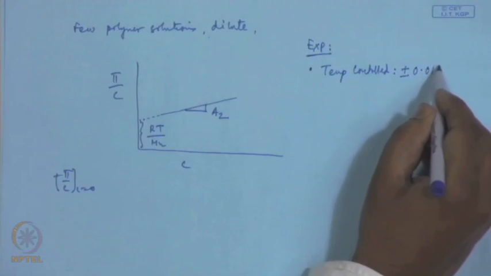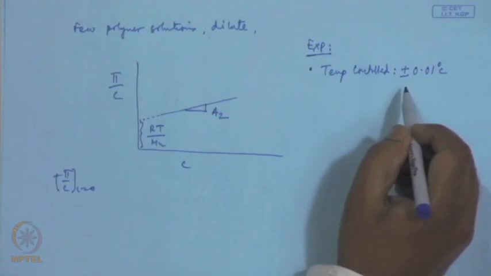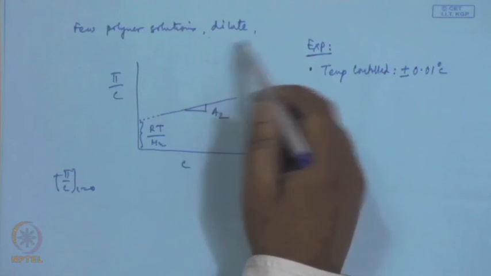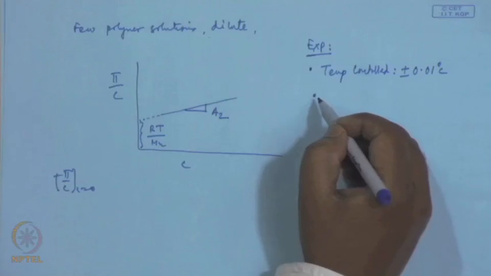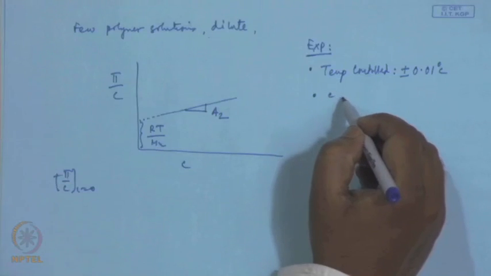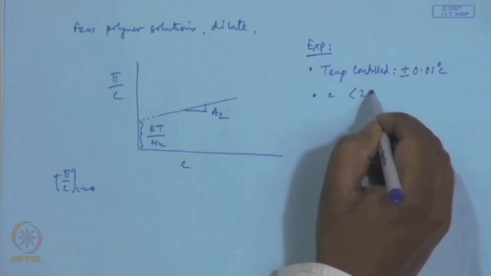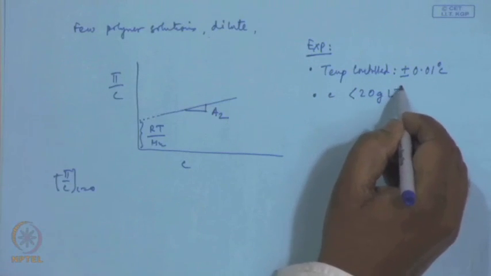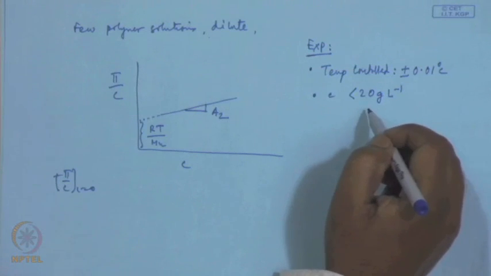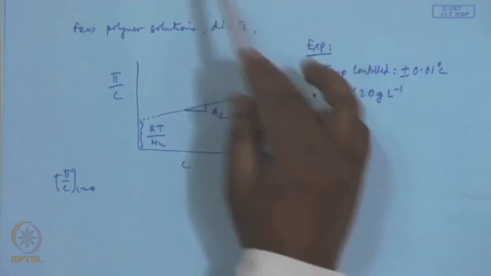So, it has to be very much controlled, and we have to keep all these polymer solutions sufficiently dilute. Typically, we make solutions having concentration less than 20 grams per liter, so that these equations are valid.